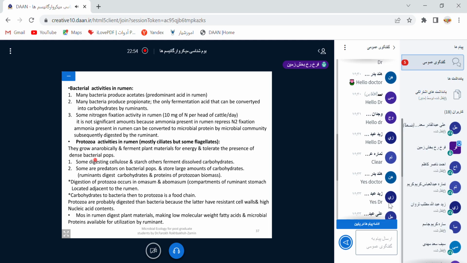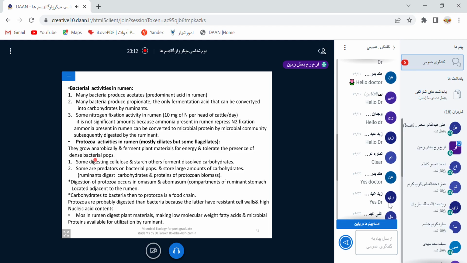And in another way, not only cellulose and the other constituents of plants are food for protozoa, all the bacteria present there are their foods.